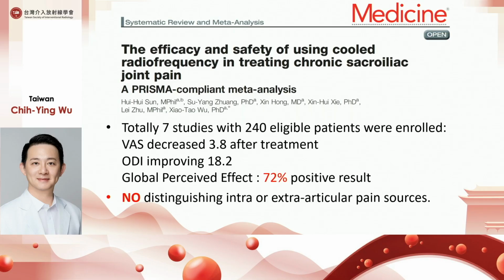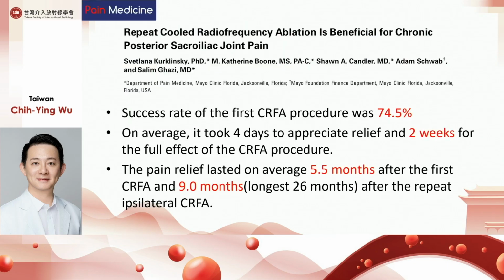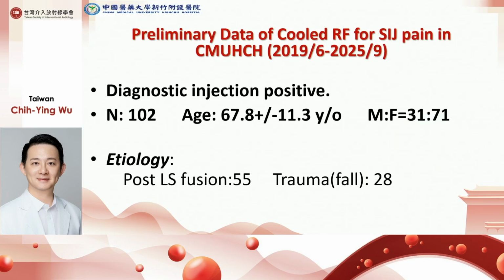This is a systematic review of cooled radiofrequency for the SI joint. It's safe and effective. If the SI joint pain recurs, the second procedure can provide a longer duration than the first one. This is my preliminary data on cooled radiofrequency for the SI joint in my hospital.